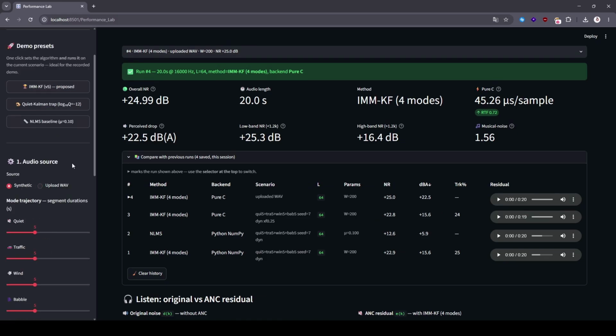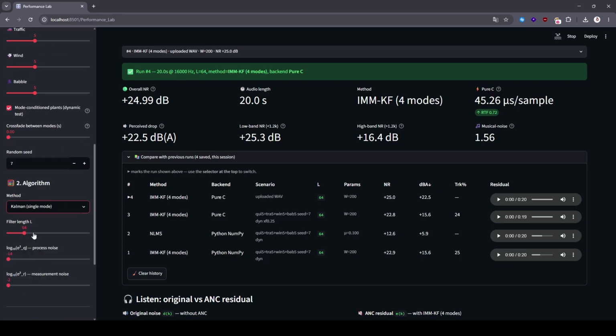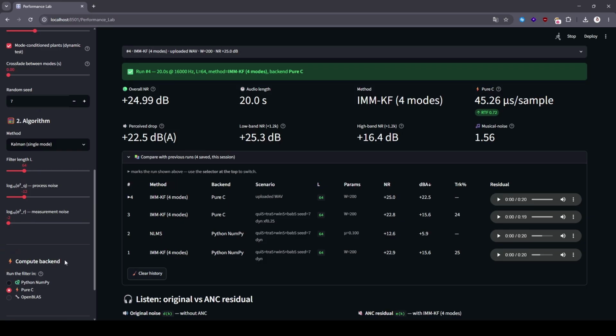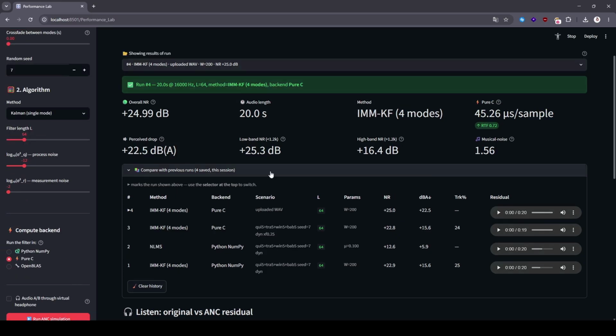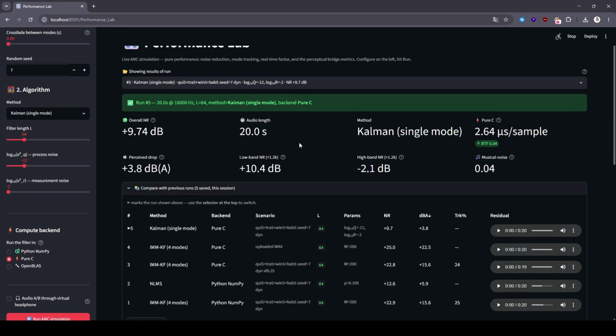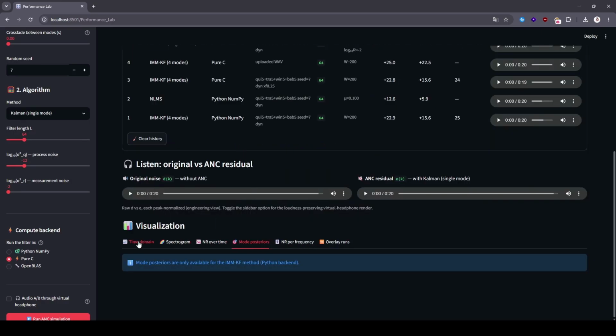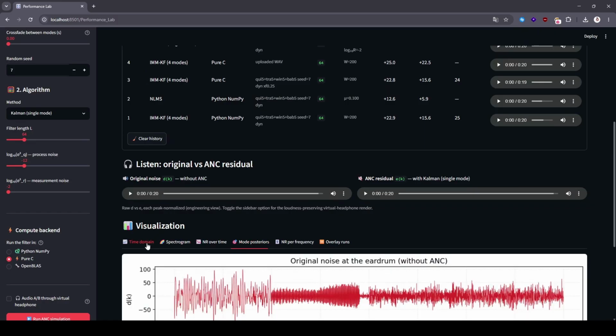Let's run one quickly. Yeah, mode conditions. It's the quickest one. Let's set it like that and see. See, it's the single Kalman filter.